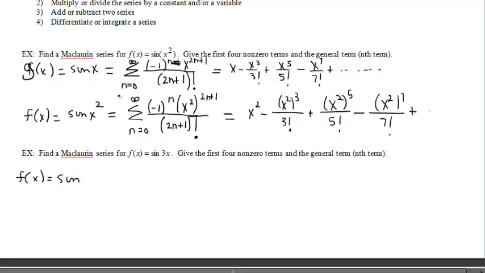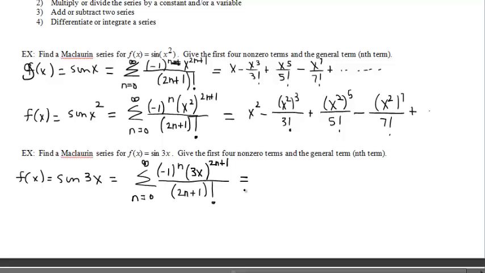Everywhere I see x, I'm going to replace it with 3x, which is just the function I'm trying to find a series for. You could either generate a few terms by going through n equals 0, etc., or you can simply go up to the parent series, and everywhere you see x, replace it with 3x.